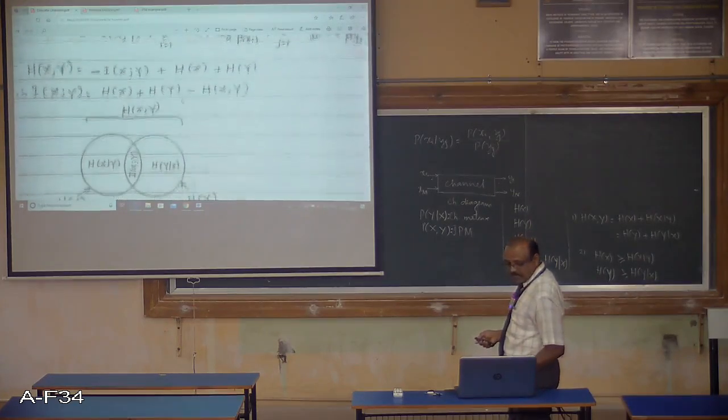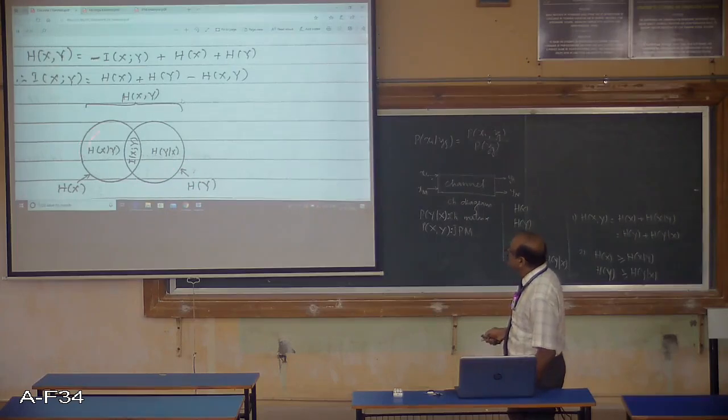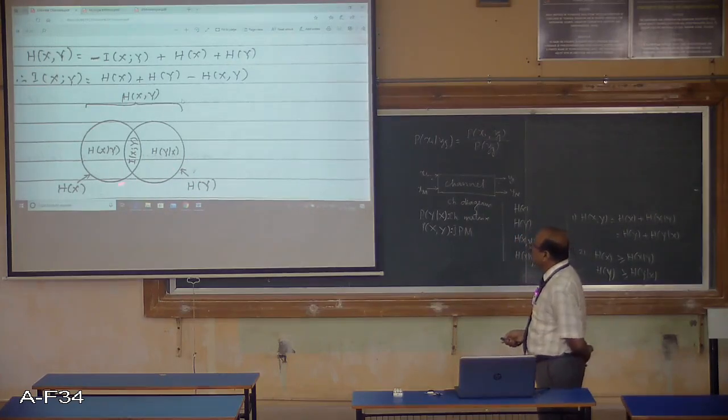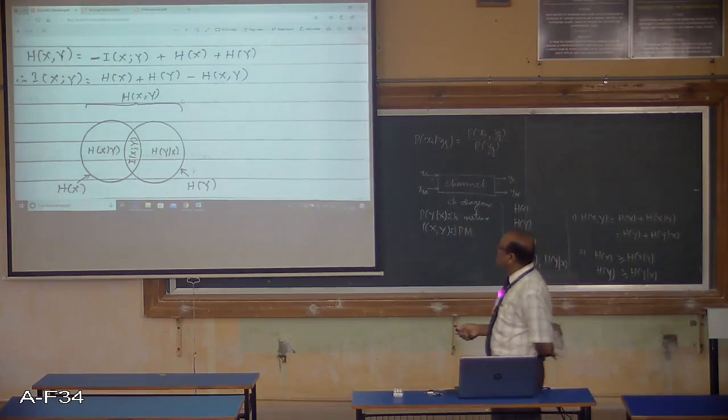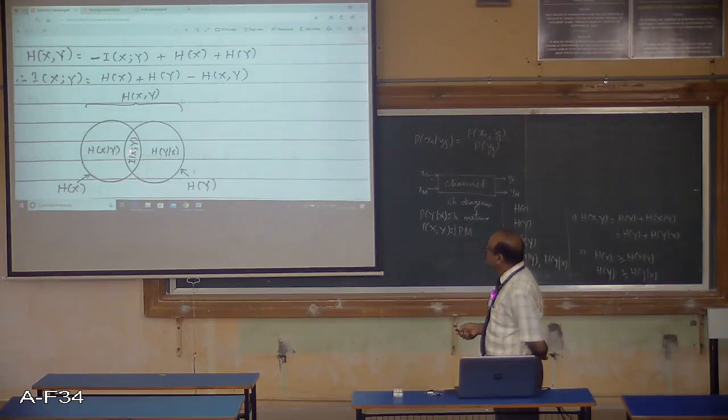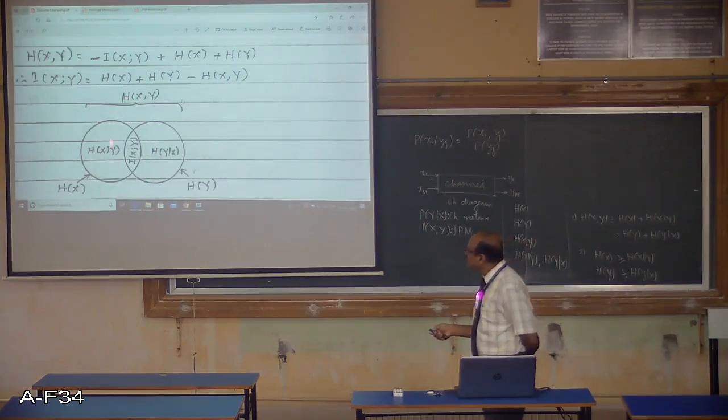The same can be represented as a Venn diagram, wherein one circle is H of X, the other circle is H of Y, and the overlap is the mutual information. Put together, it is the joint entropy. So mutual information is related to the entropy of the source, the entropy of the receiver, and the joint entropy. And only this part is conditional entropy, only this part, the output conditional entropy.